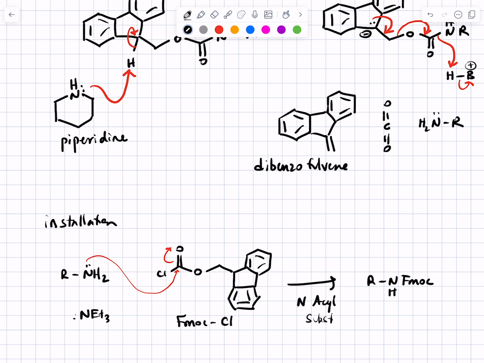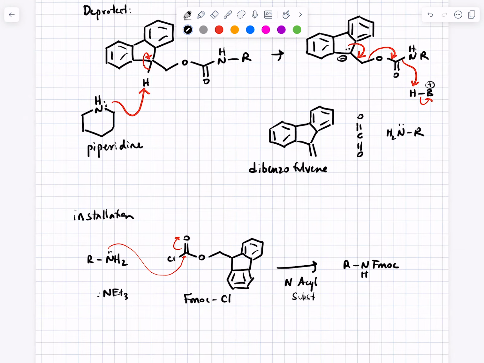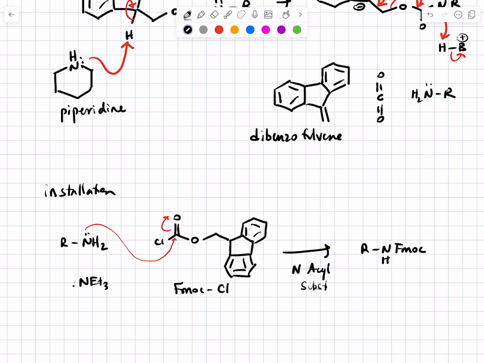That solves our problem for using this sort of altered solid phase peptide synthesis strategy. We can use the acid labile linker, but instead of using Boc protecting groups all along the way, we'll use FMOC. Does that make sense? I'm probably not going to draw that out for you.